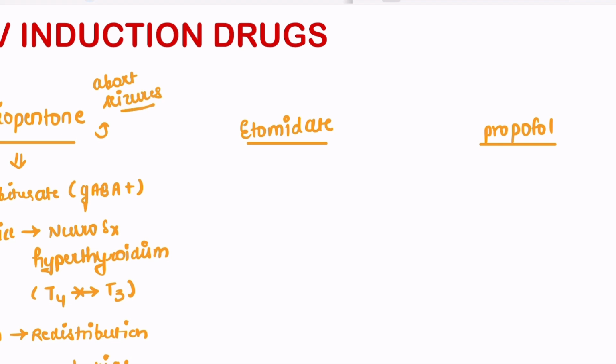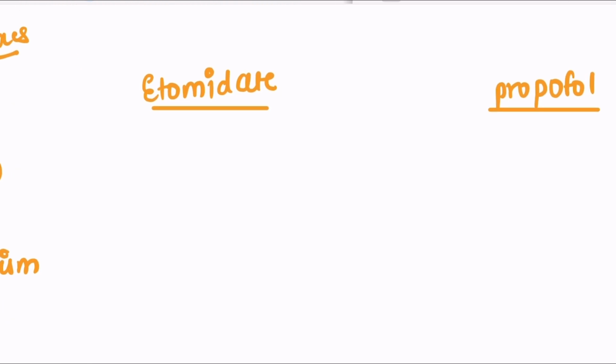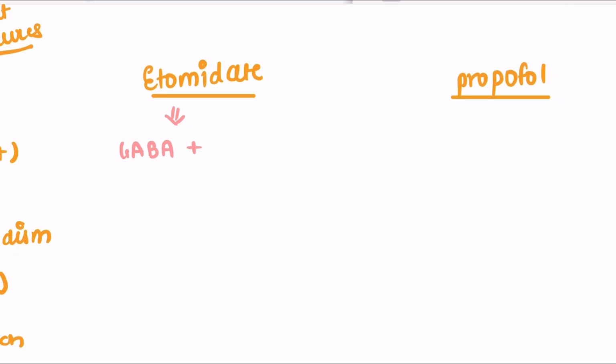The next drug we are going to see is etomidate. Etomidate also stimulates GABA. It is the choice in cardiac surgery.